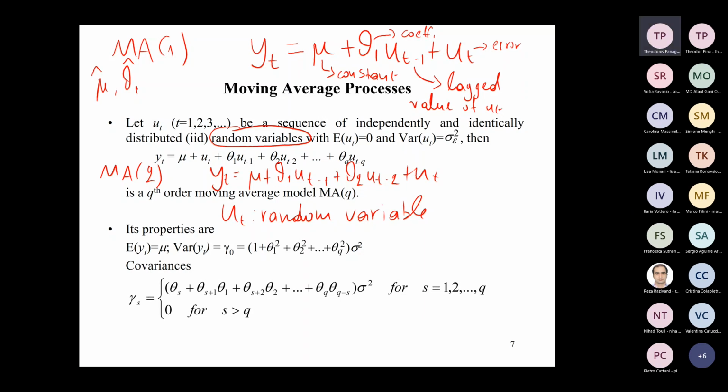A moving average model is telling us that the variable you're trying to explain depends on lagged values of a random variable.